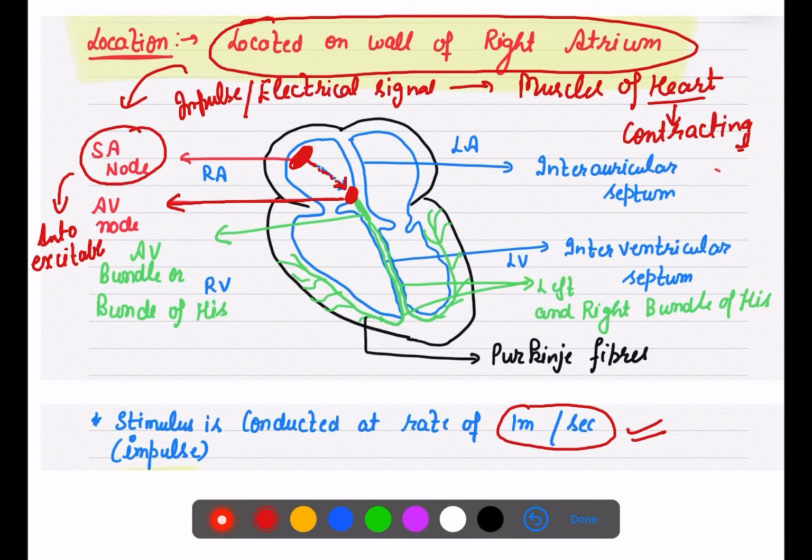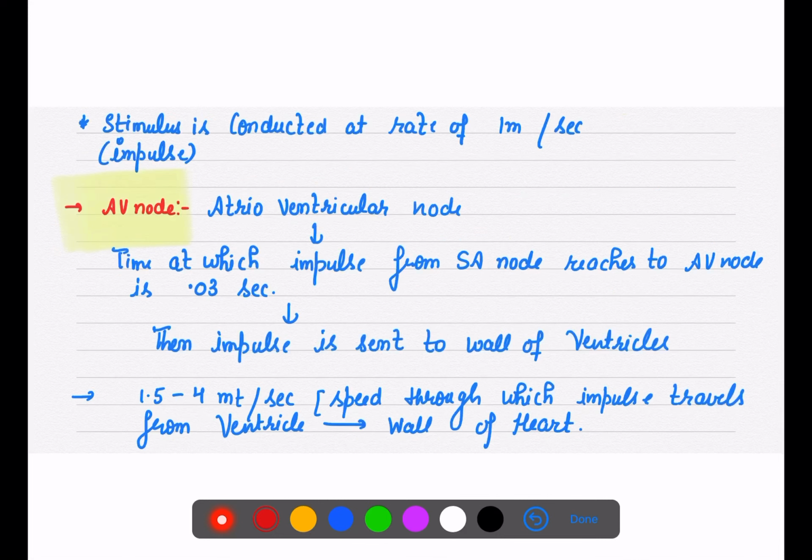The time at which the impulse from the SA node reaches the AV node is very, very short, 0.03 seconds.